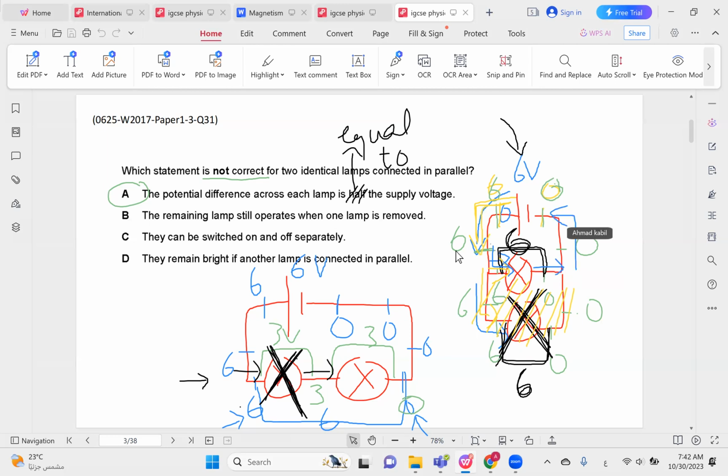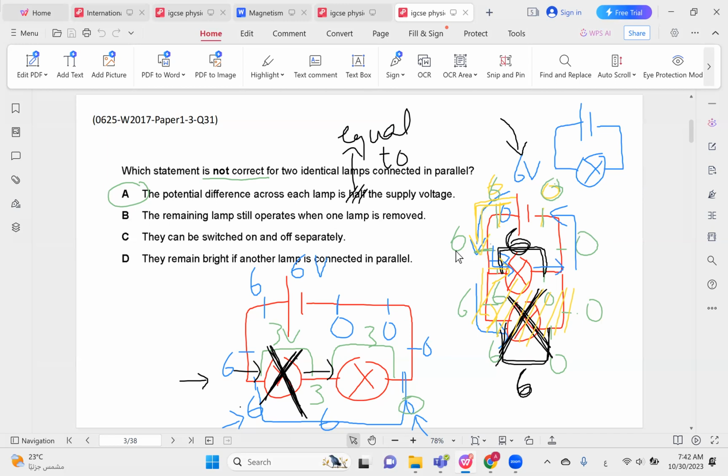So there will be a mini circuit here with just 1 lamp still working. So that's another advantage of parallel circuits, which is that if 1 lamp breaks off, the other lamps can still work.